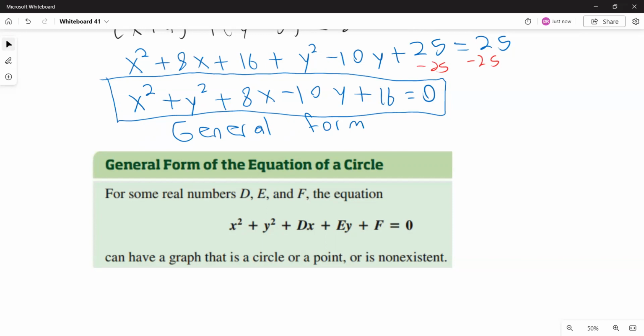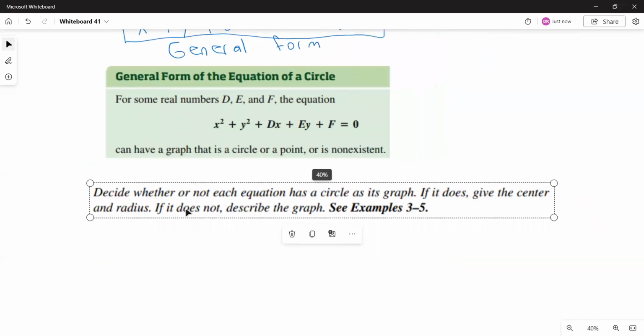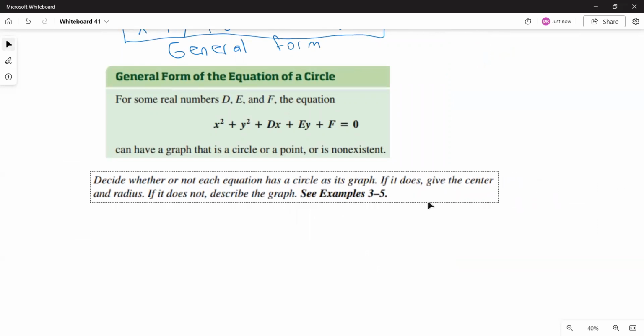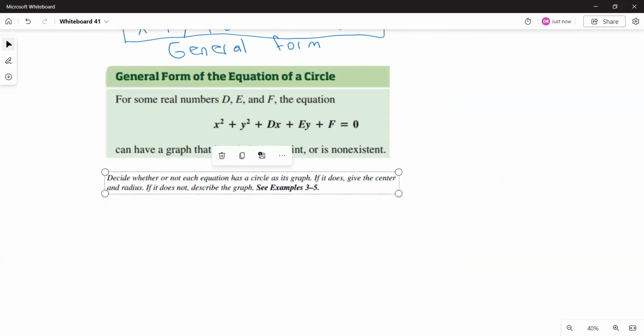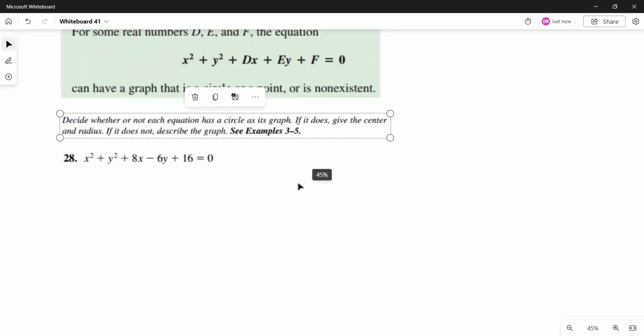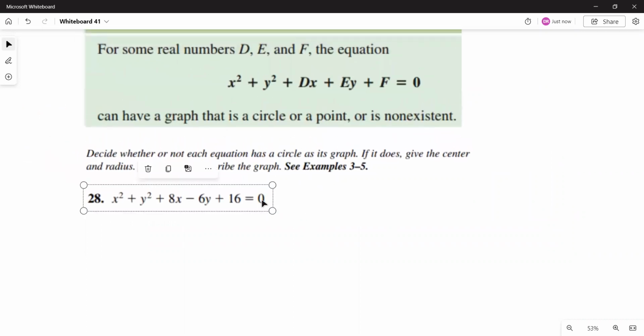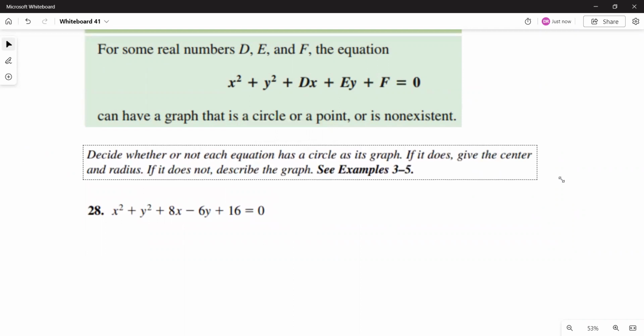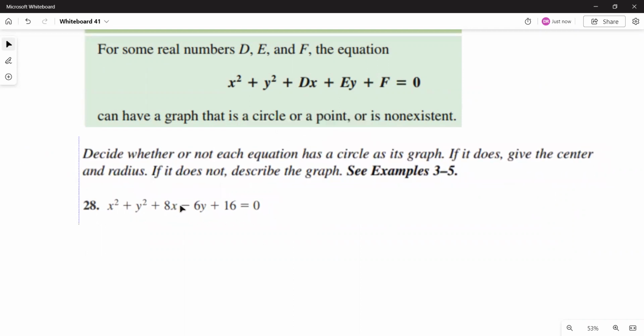We're going to decide whether or not each equation has a circle as its graph.